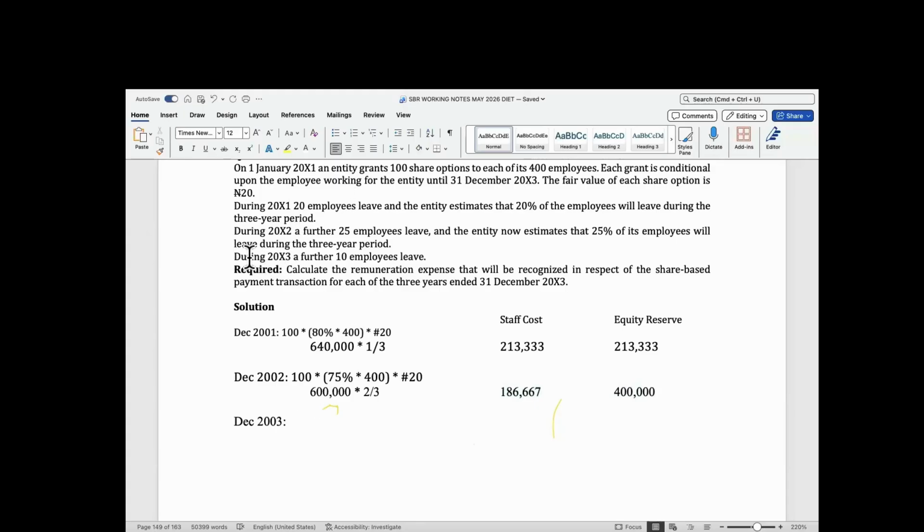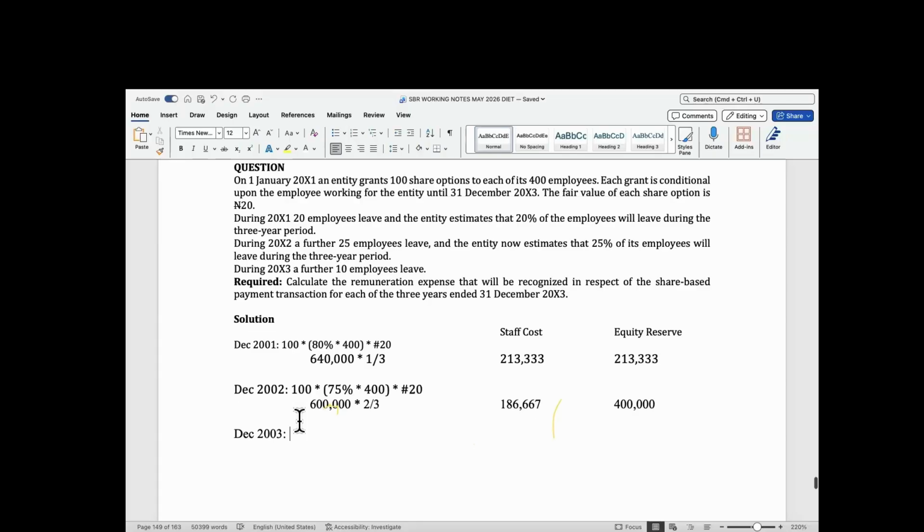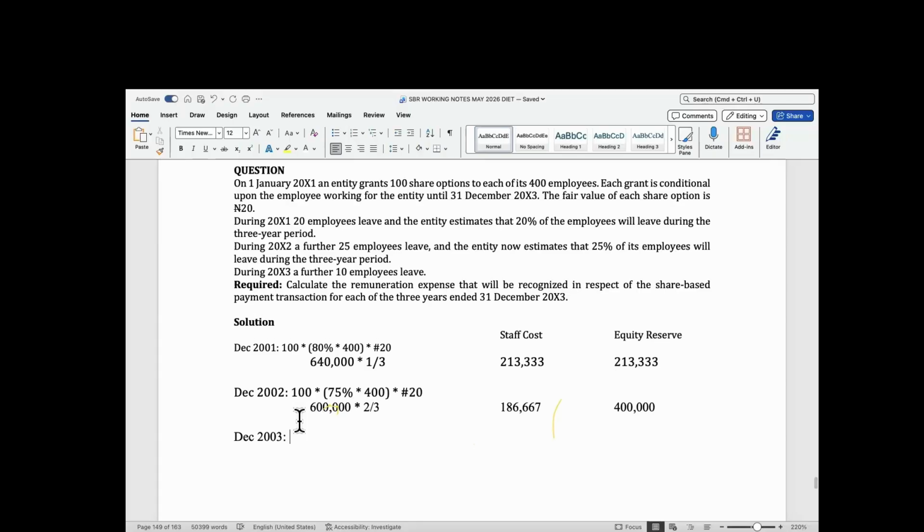So we were in 2003. We said a further 10 employees leave. So we're able to figure out that this is the vesting date. We can then know the actuals, people that actually left. So which will be the 100 options multiplied by how many employees do we have? 400.